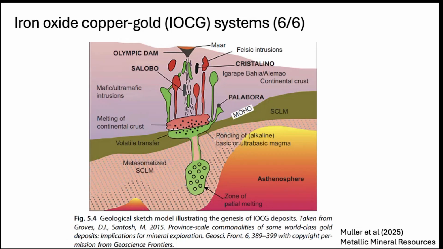Some of them are written here. Palabora is a deeper-seated system compared to Olympic Dam, which is a much more shallow feature, and so forth. So you can see there's a gradation of depths at which these IOCG deposits are interpreted to have formed. But clearly hypogene.